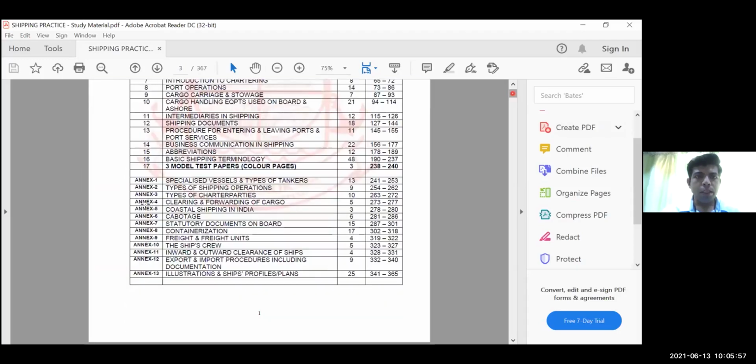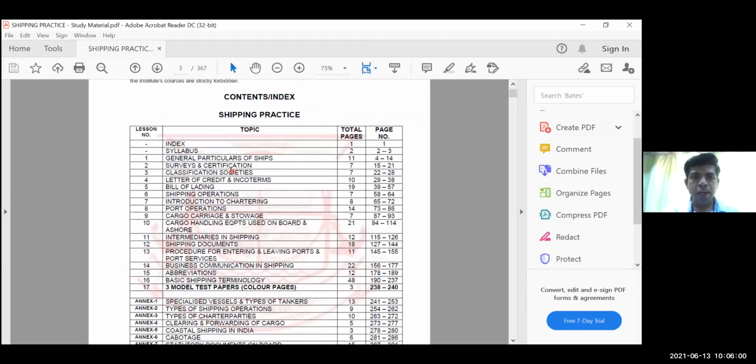Basically, first the introduction about various types of ships, kinds of ships within the industry. Then what are its particulars, means how you can identify those particular ships into various categories, that we are going to look into. Next is the surveys and certification, why it is important, what all types of surveys are there, what the classification societies are, all these basic things before we could start understanding the shipping industry. We have to look into this particular thing.